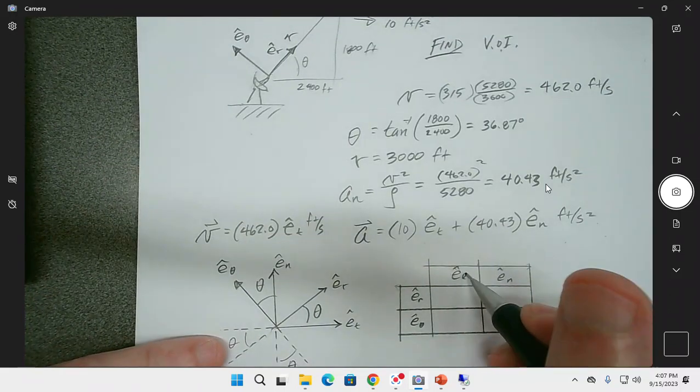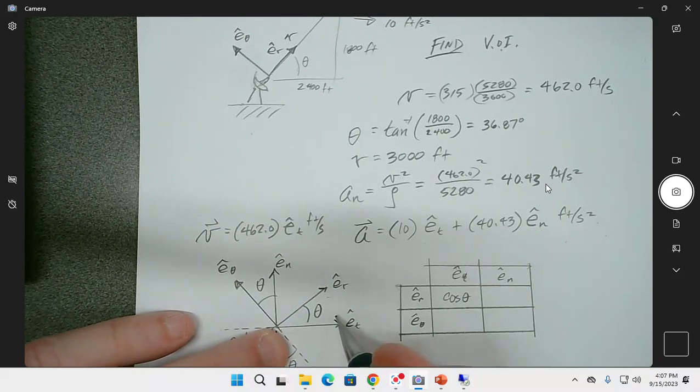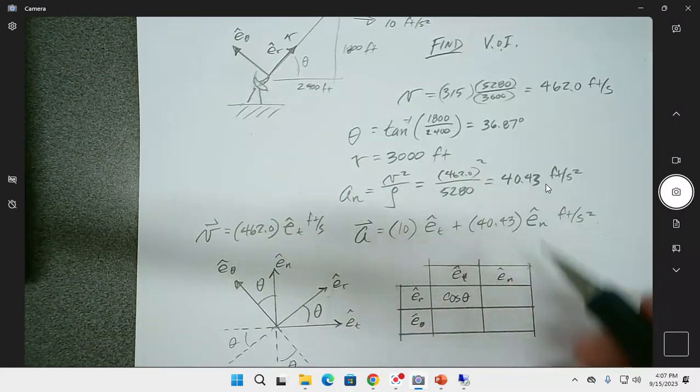So, T, it's going to be cosine, right? T to R. We go R to EN. Must be sine.